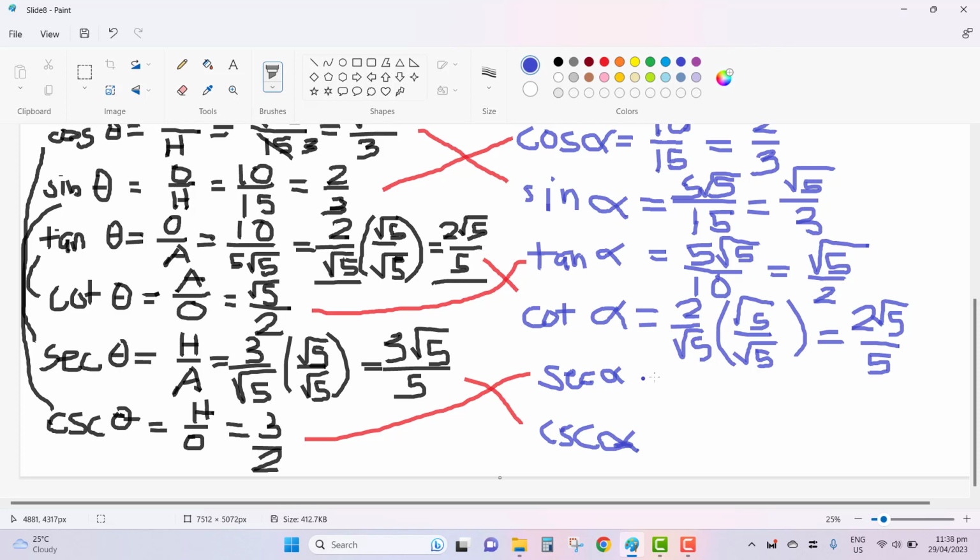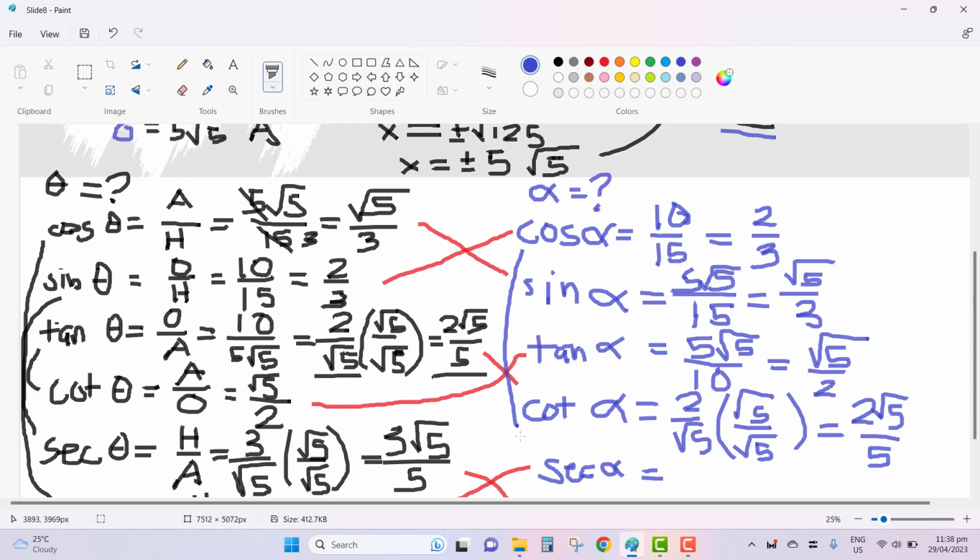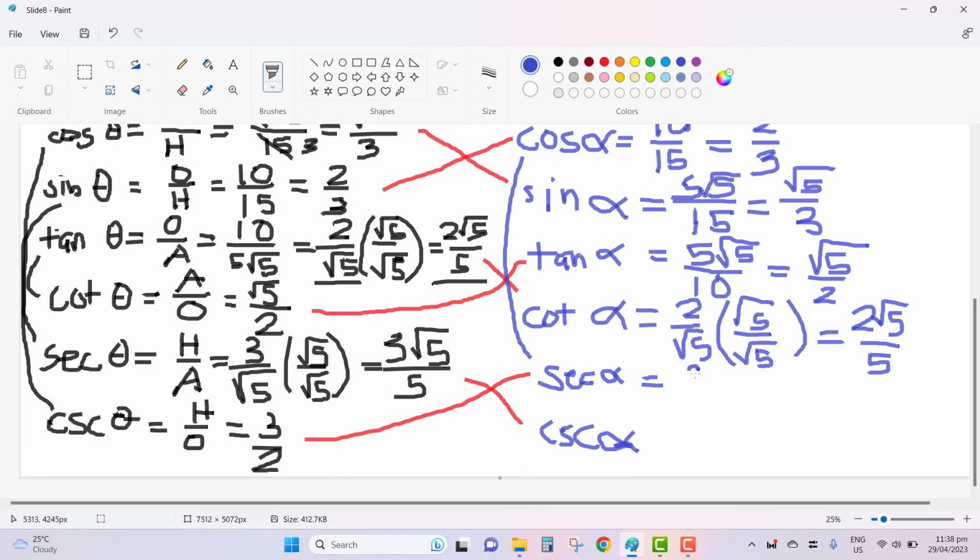Let's do that, but first, let's connect again secant to cosine, because secant is the reciprocal of cosine. 2/3, so your secant alpha is 3/2. Look at what happened. Again, secant alpha is your cosecant theta. So cosecant alpha should be 3 square root of 5 over 5.